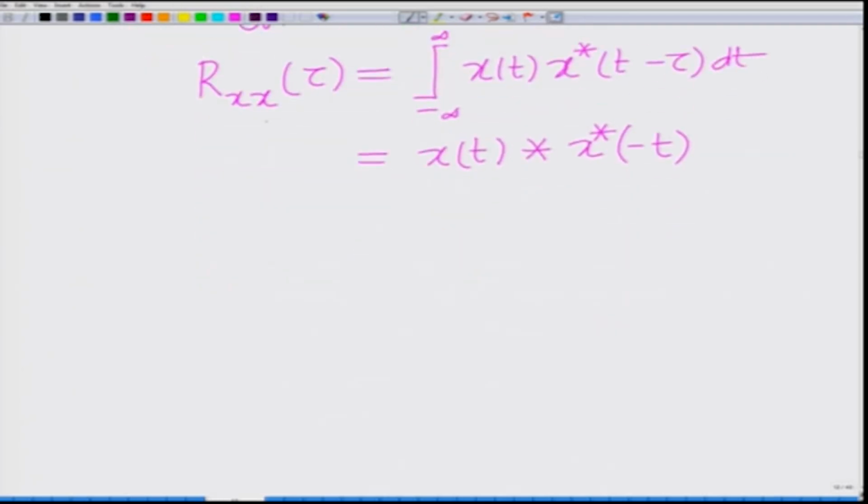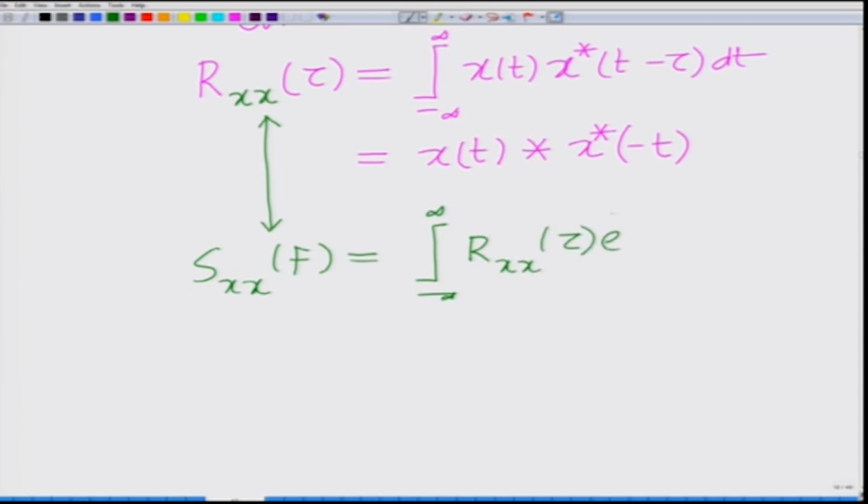Further, if I take the Fourier transform of Rxx(tau), I can denote it by Sxx(f), which is the integral from minus infinity to infinity of Rxx(tau) e to the power of minus j 2 pi f tau d tau.